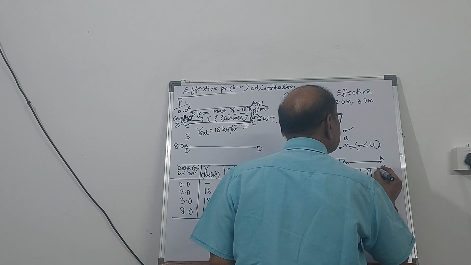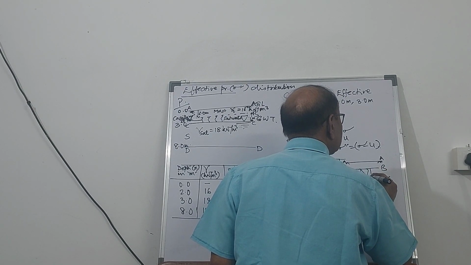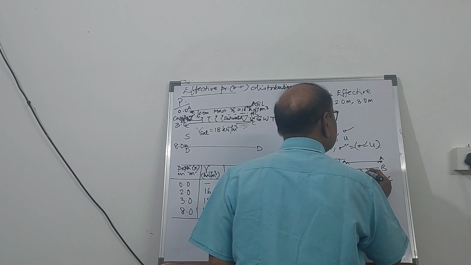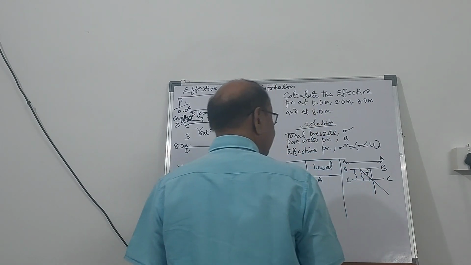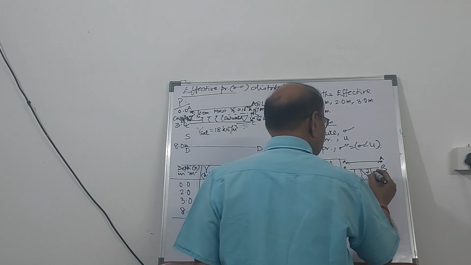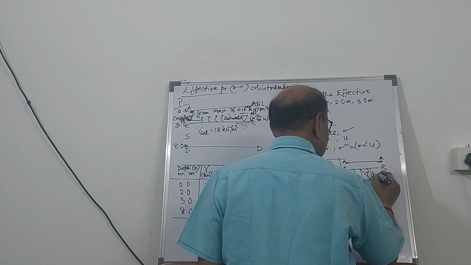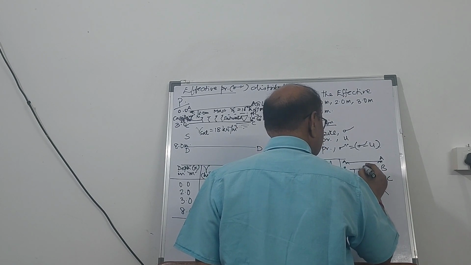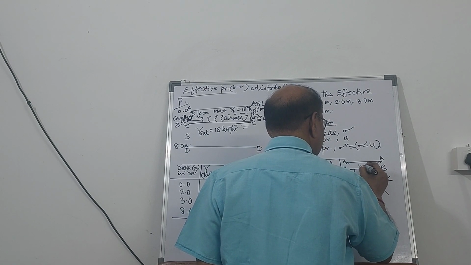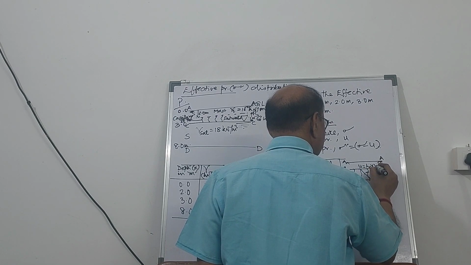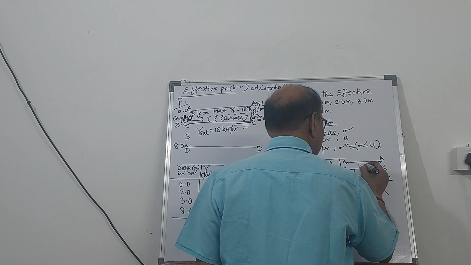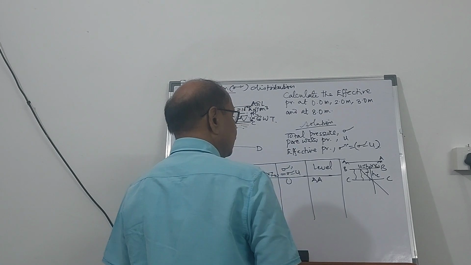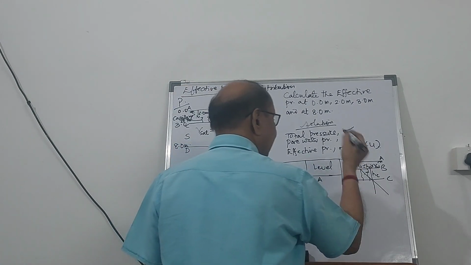It will be negative due to surface tension, and if the height is SC, U will be SC into unit weight of water, and it will be negative because it is negative pressure.